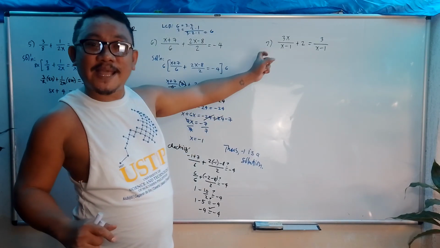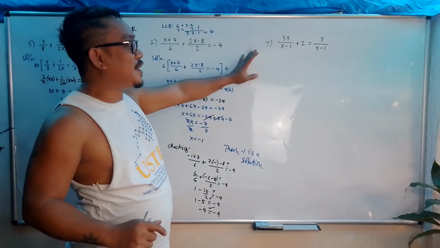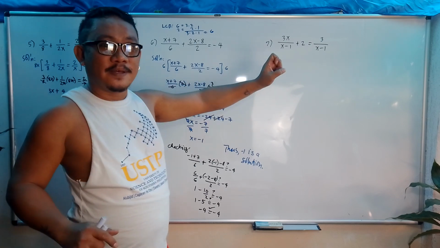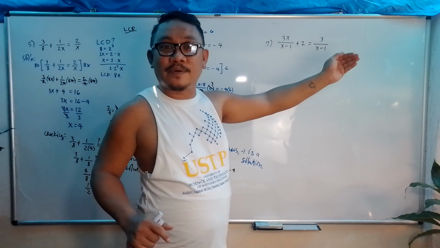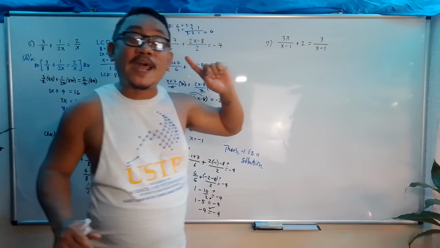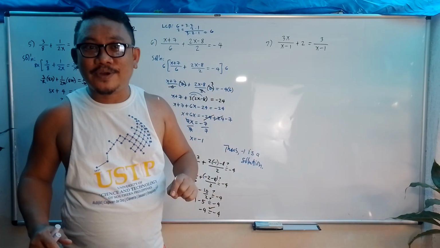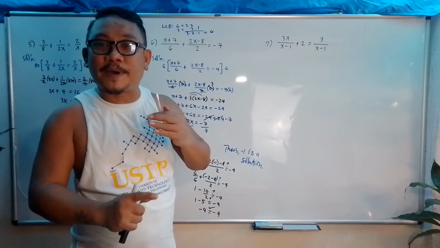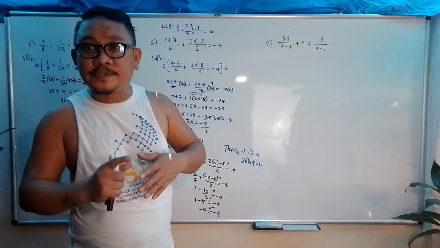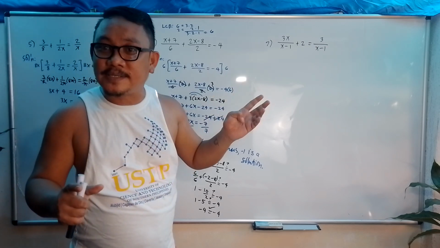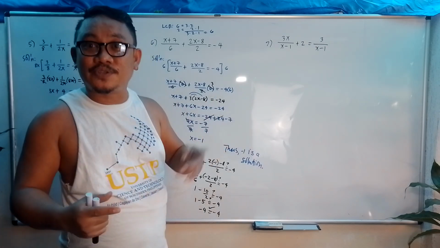Now, in this next example, number 7, this is the first example where there is no solution. But we can solve for the possible value of the solution, which is the value of x. But, it is not a solution to the equation.